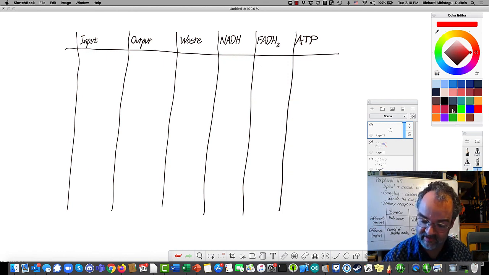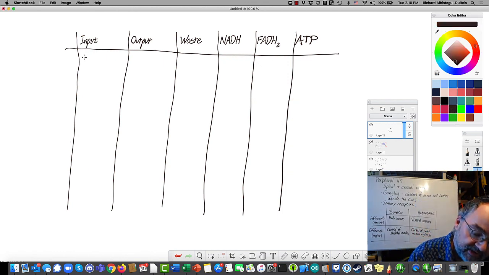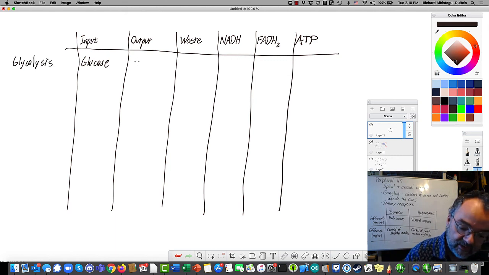For anaerobic metabolism, we had an input of a glucose, so this is in glycolysis. Input of a glucose, output of 2 pyruvate. No waste at that point. We produced 2 NADH, no FADH2, and 2 ATP net gain.